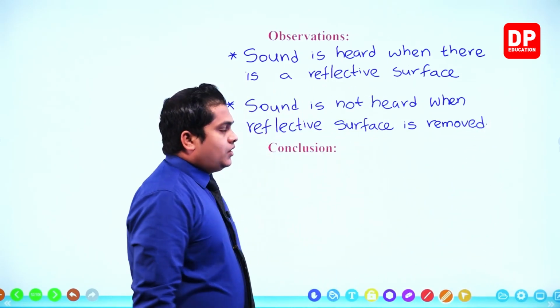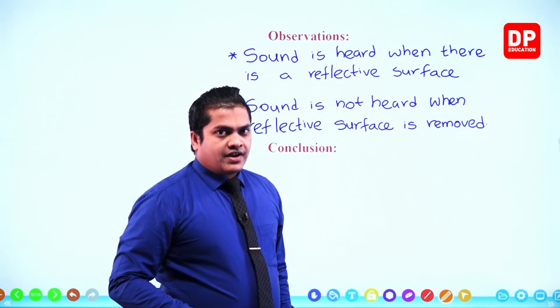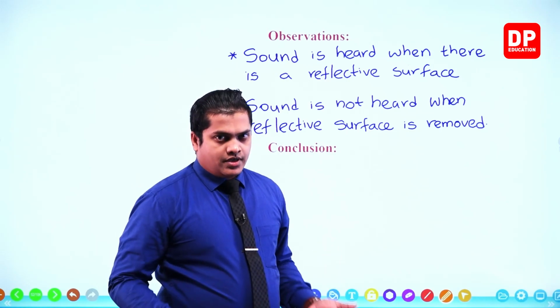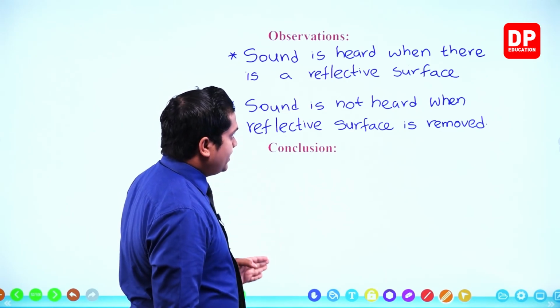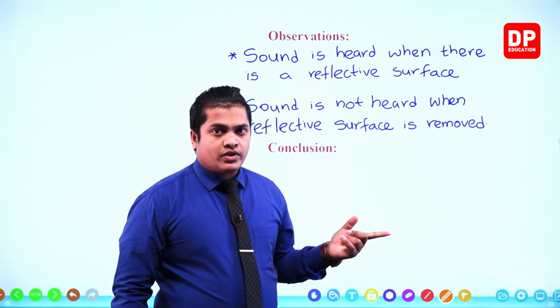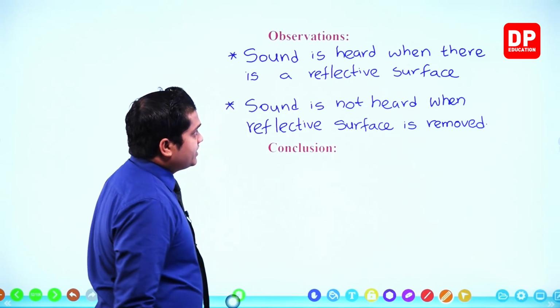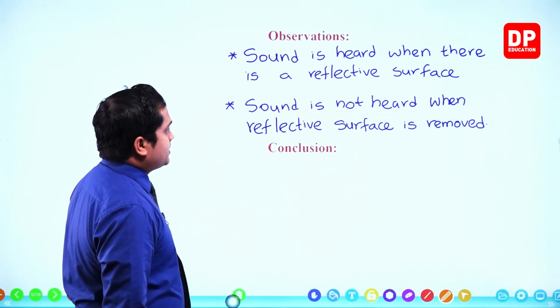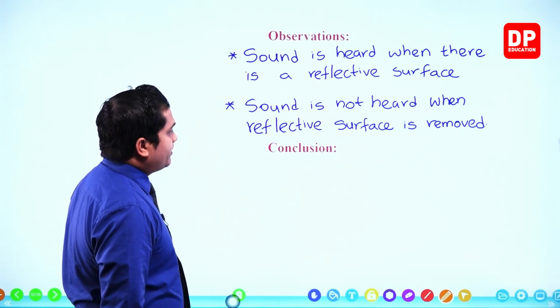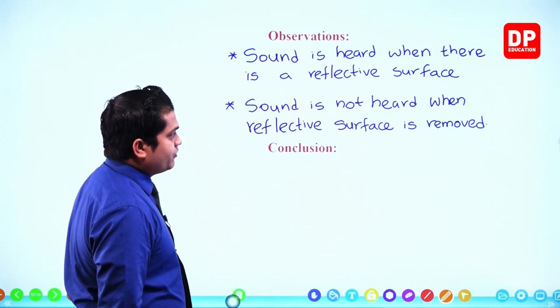So when I remove the reflective surface, I couldn't hear the sound. However, if the reflective surface is there, then we can hear the sound without any trouble. So sound is heard when there is a reflective surface. Sound is not heard when the reflective surface is removed.